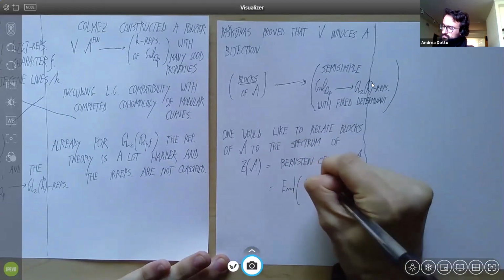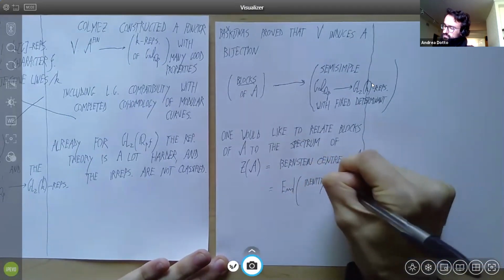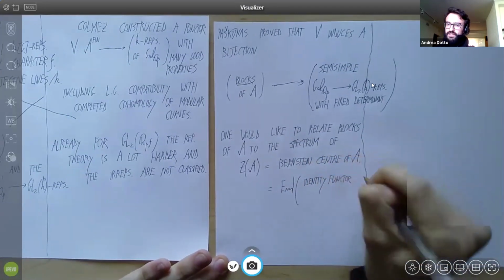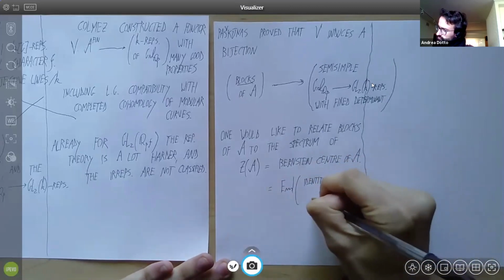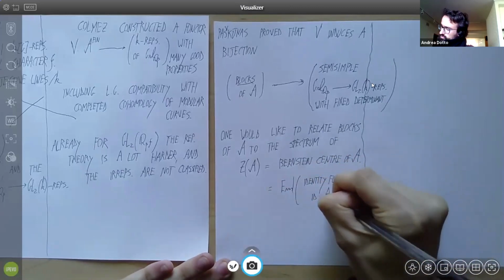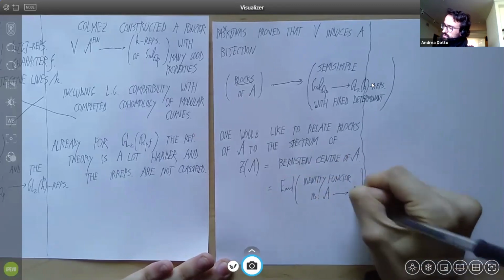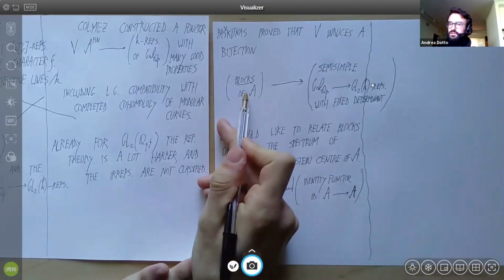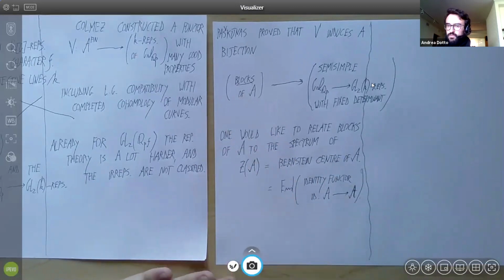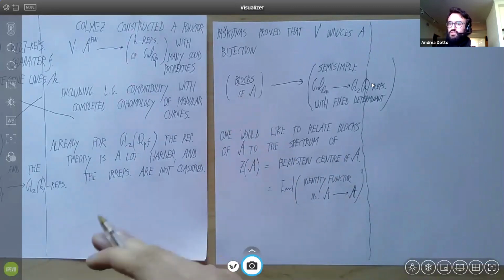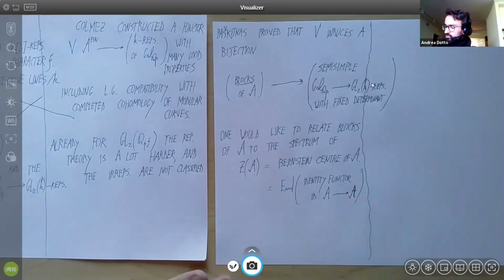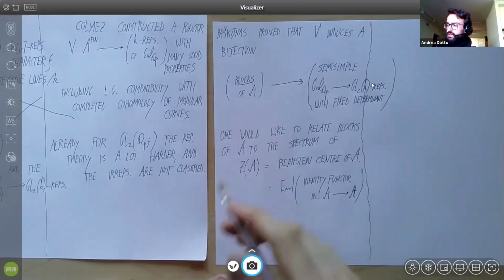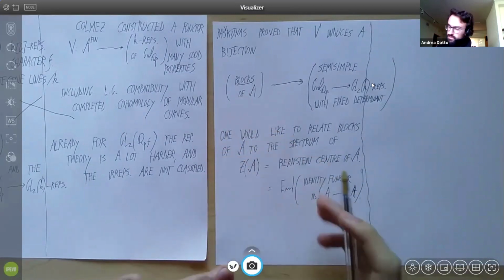So it acts on all objects by definition. So one knows that if two representations are in the same block, then the center is going to act on them by the same infinitesimal character.